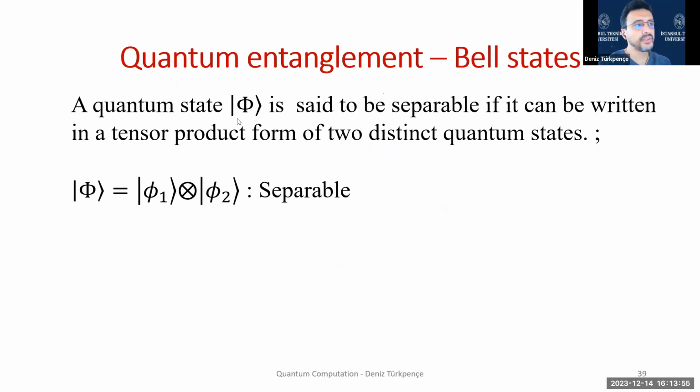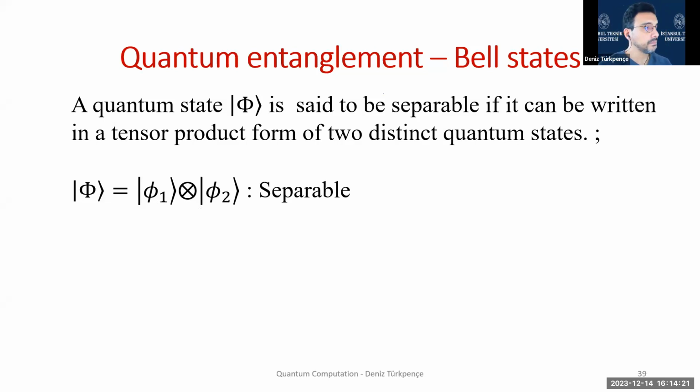A quantum state phi is said to be separable if it can be written in a tensor product form of two distinct quantum states. Phi is written in terms of the tensor product of phi1 and phi2. If you can write this, this is a separable state, and a separable state is not entangled.